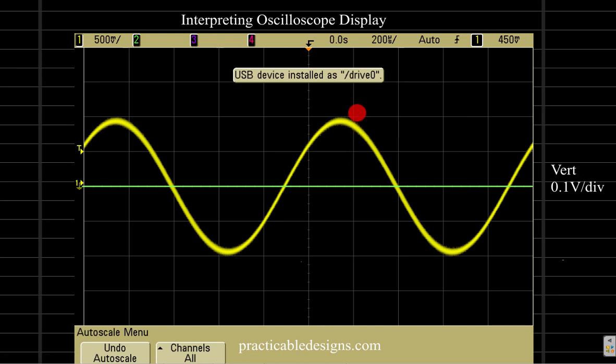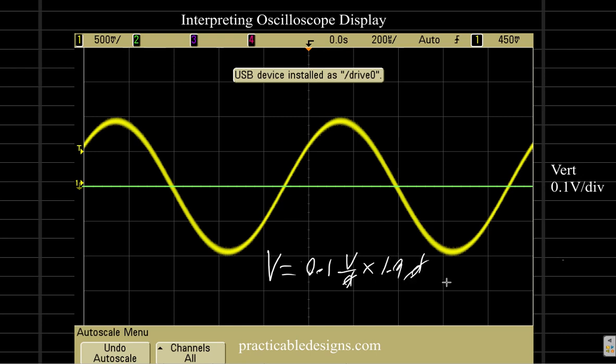You go up 2 divisions, that would be another 0.1, which is 0.2 volts. This wave doesn't seem as if it touched 2, so let's say it's again 1.9 divisions. So the voltage is 0.1 volts per division multiplied by 1.9 divisions.